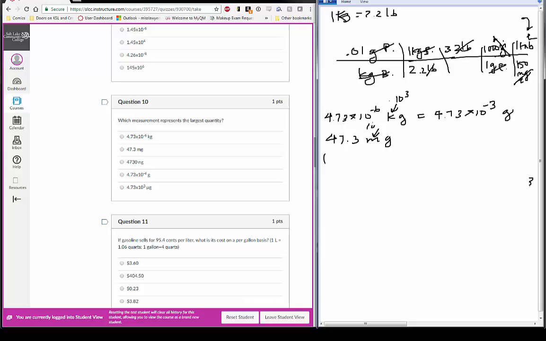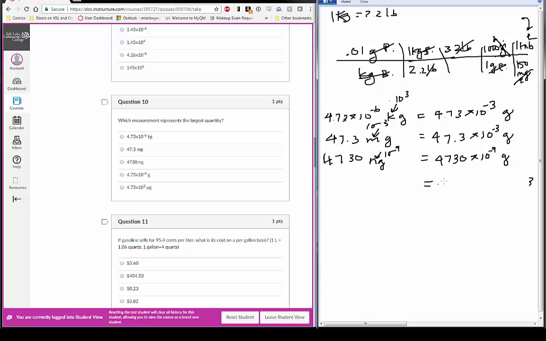Milli means 10 to the negative third, so that is 47.3 times 10 to the negative third grams. 4730 nanograms. Nano means 10 to the negative ninth. So this is 4730 times 10 to the negative ninth grams.